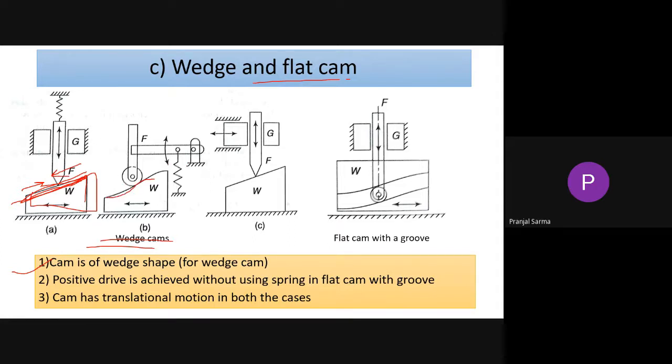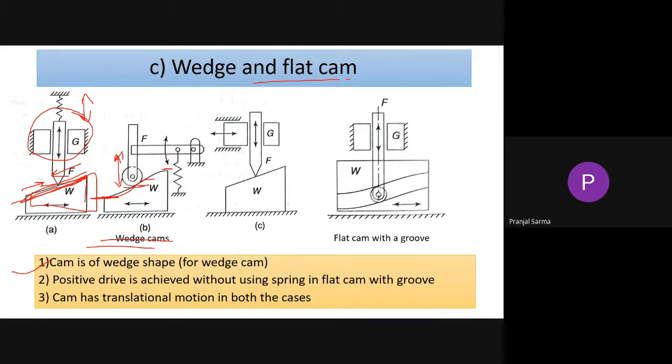Apart from that, here we are showing a spring loaded, reciprocating type of follower. And here it has been pivoted, and because of this pivoting, depending on what is the level of the contact surface, whether this is the contact or here we have got a contact, this particular follower will get up and down motion.